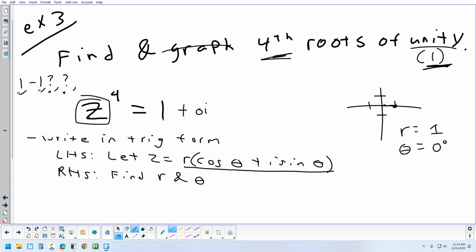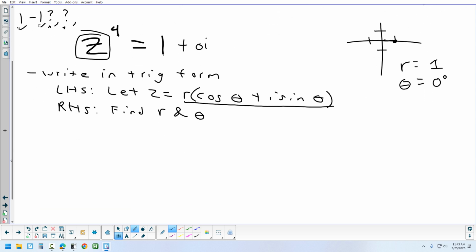That's what we're going to change the right-hand side to. Write the right-hand side in trig form. Use that as your radius. Use that as your angle. Okay, so let's rewrite it. So we've got r(cosine theta plus i sine theta). That's what's in the box.